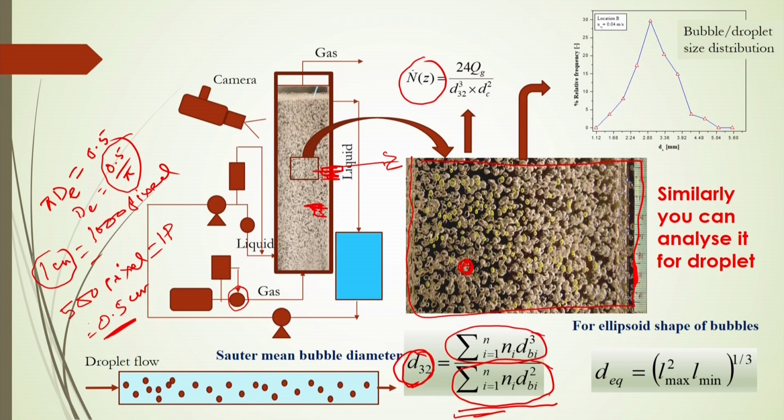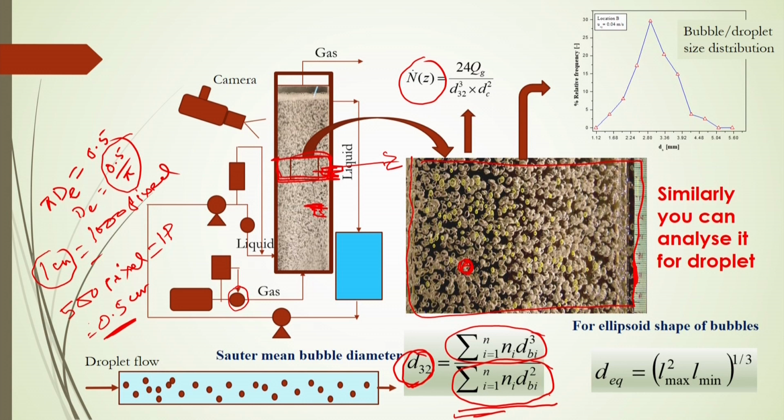What is that actually? This is nothing but the number of bubbles. First of all, you have to calculate the volume of that gas, the volumetric flow rate of the gas that you are supplying. Since this window is a mixture of gas and liquid, what should be the amount of gas there?